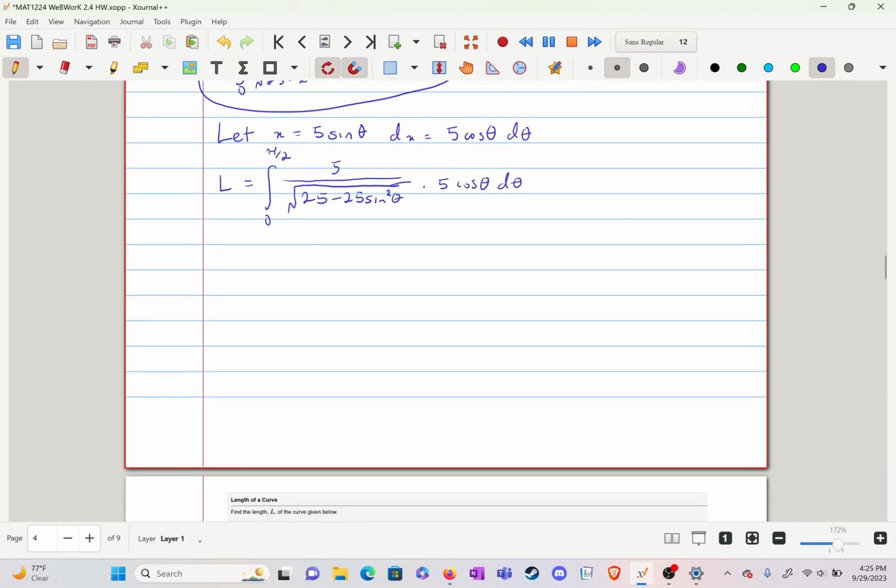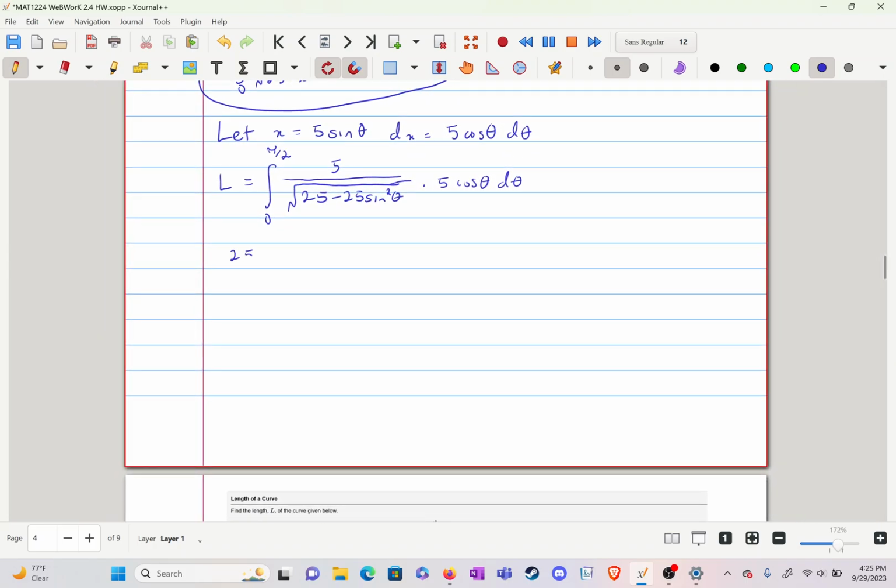Take constants out. We have a 25 out in front, I think, from that 5 and the other 5. Our integral still has the same bounds, 0 to pi over 2.